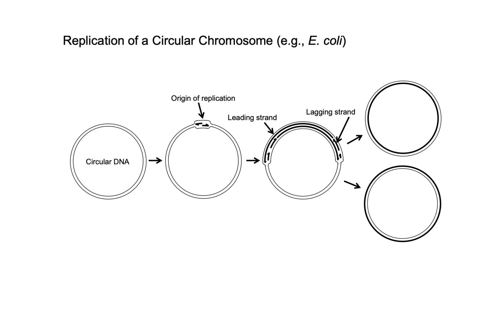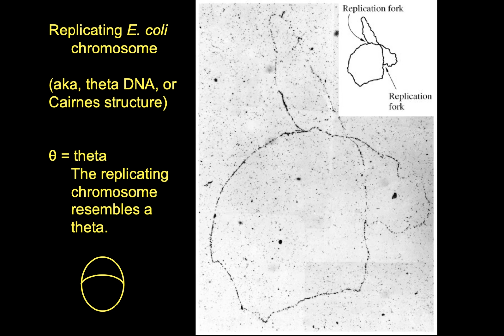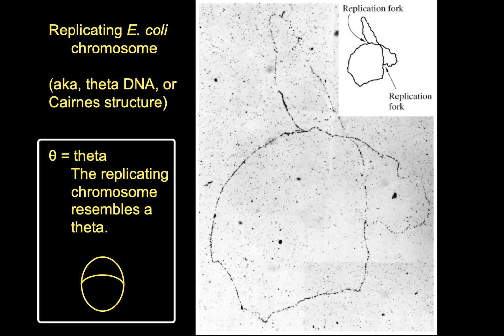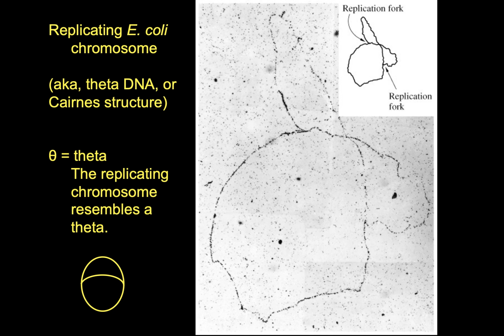So they can be slightly different molecules or slightly different versions of the genome. They replicate in a form called theta, because the molecules, while they're replicating, look like the Greek symbol theta. This is one of the famous figures from John Cairns, who discovered how DNA replicates in a circular molecule in bacteria, from E. coli, actually.